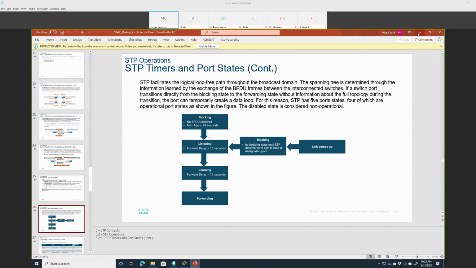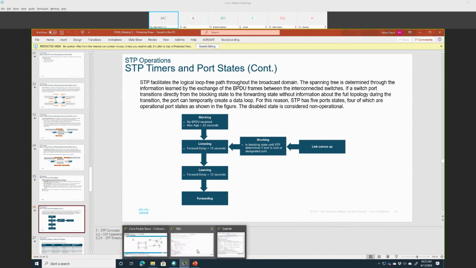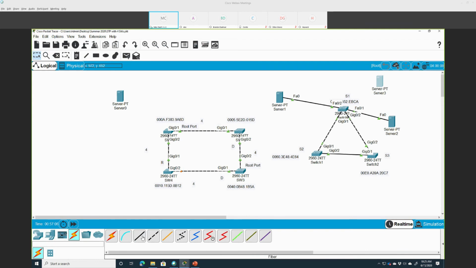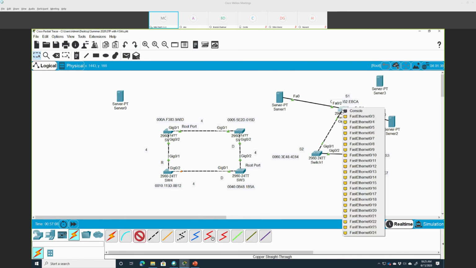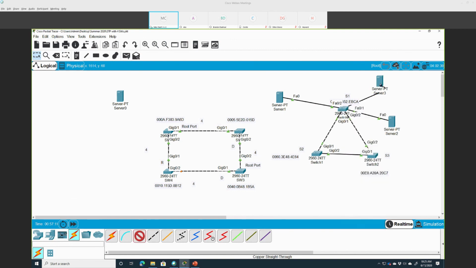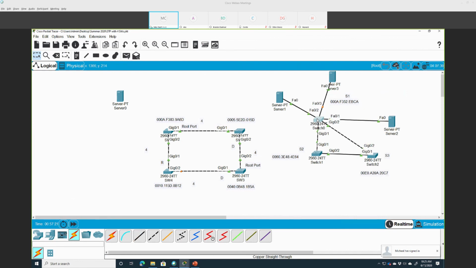Like over here, you're going to see it right now. So if I plug into Fast Ethernet 0/3, and this is amber. You see that light? I don't know if you can see it. See, it stays amber for I don't know how long. You see that? Yes, sir.